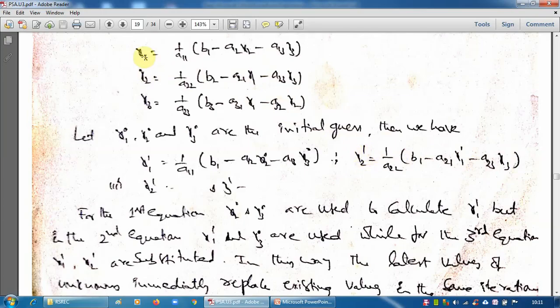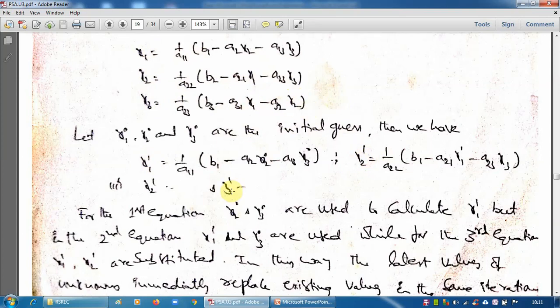So like that we make use of the first equation, calculated x1 1, and we also make use of the second equation, calculated x2 1. Now go for the third equation. In the third equation x1 1 is available, calculated here. x2 1 is also available, calculated here.